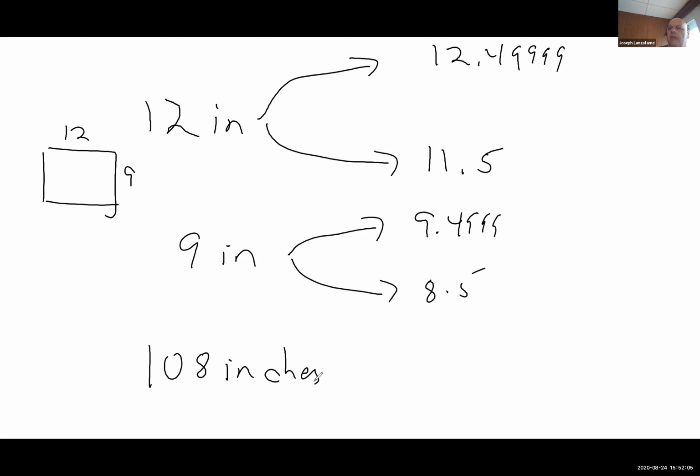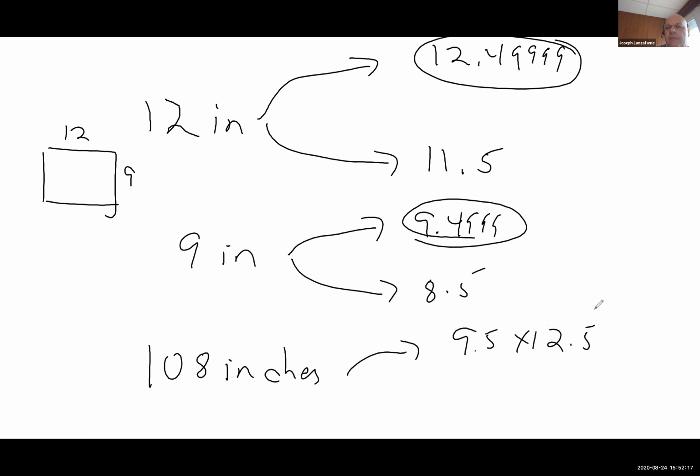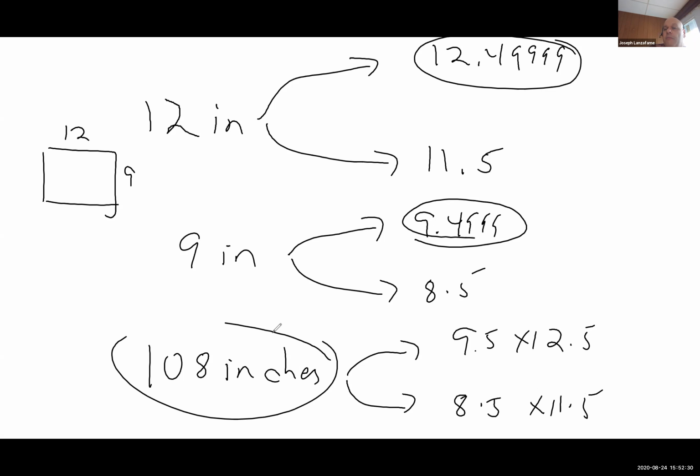Because since I don't know the exact number, it could be as high as 9.5 times 12.5. And it could be as small as 8.5 times 11.5. So really, this number is in the middle of a range of numbers where I've got a maximum possible area for my rectangle and a minimum possible area for my rectangle.